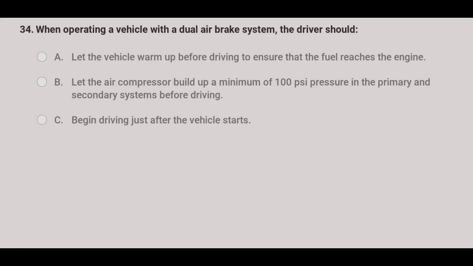When operating a vehicle with a dual air brake system, the driver should A. Let the vehicle warm up before driving to ensure that the fuel reaches the engine. B. Let the air compressor build up a minimum of 100 psi pressure in the primary and secondary systems before driving. C. Begin driving just after the vehicle starts.